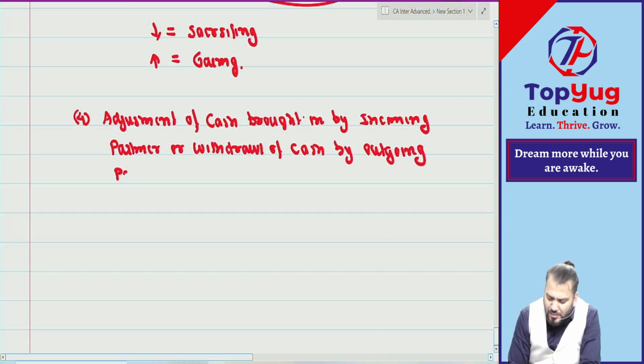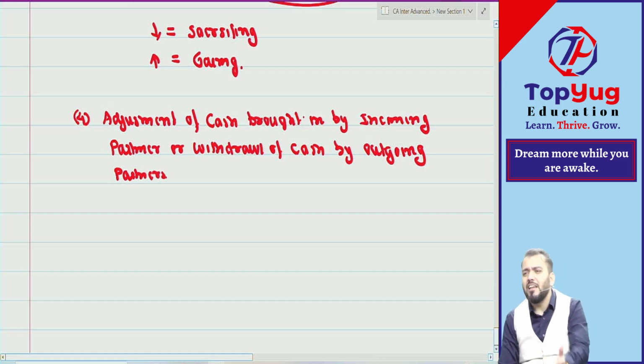Understood? As per the information given in the question, it might happen that the retiring partner has not withdrawn the amount, so that will be considered as a loan to the partnership firm.